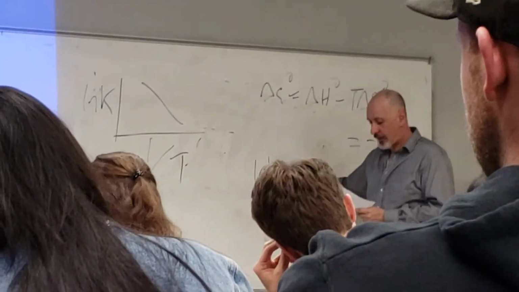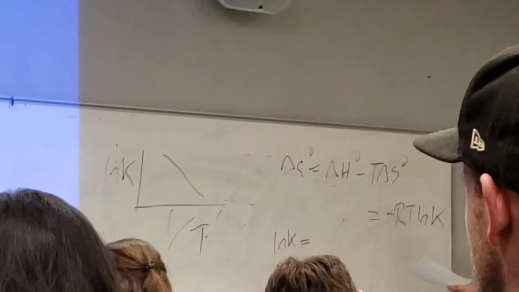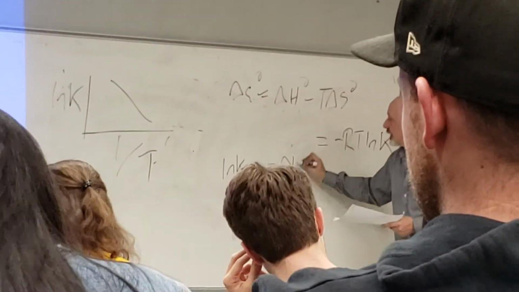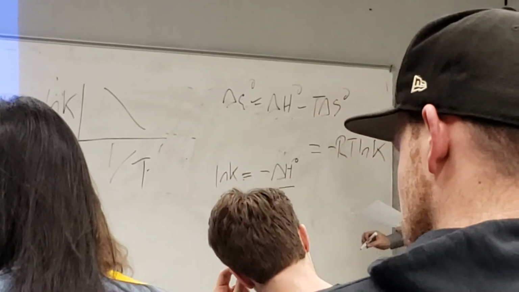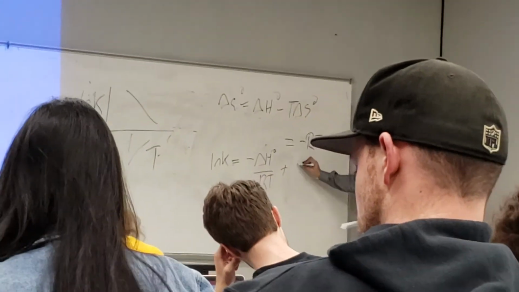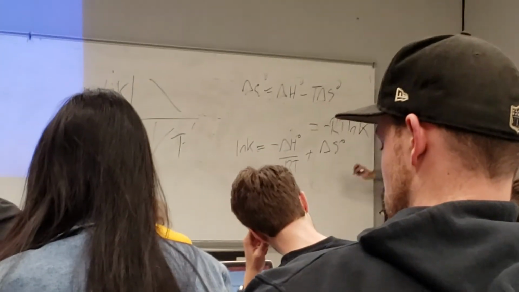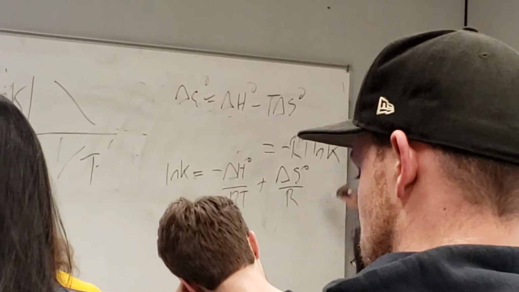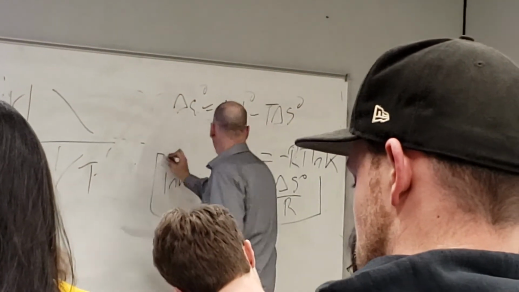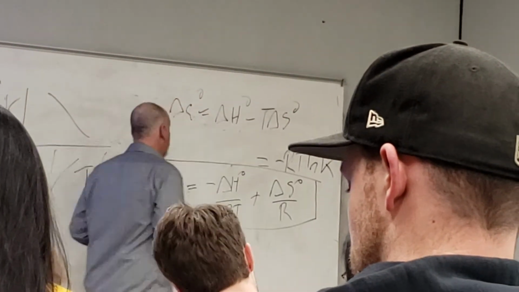So basically where that leaves me is ln of K is equal to minus delta H naught over RT plus delta S naught, and now that my temperatures cancel, over R. So that's the van 't Hoff.